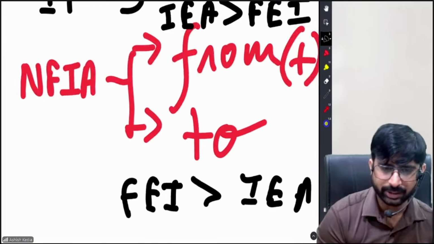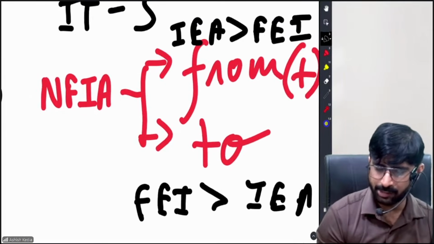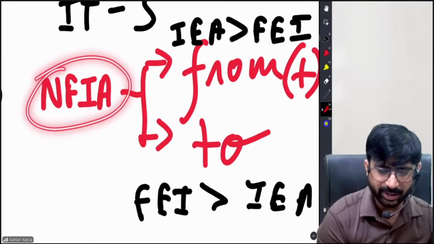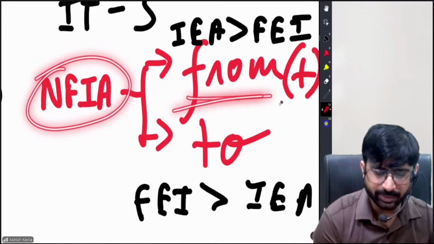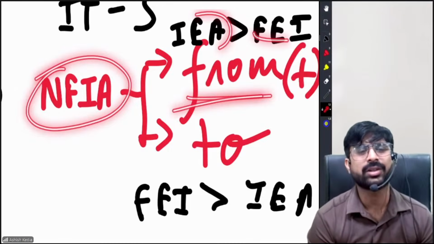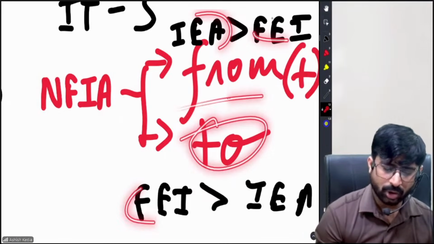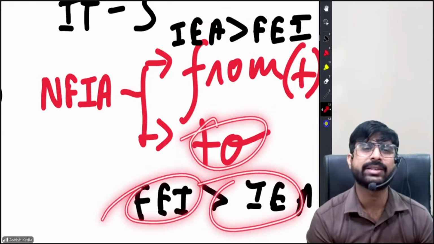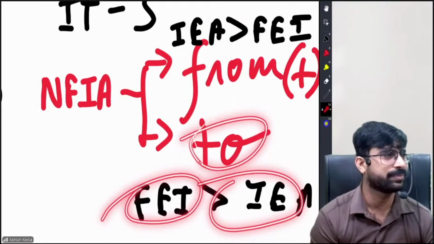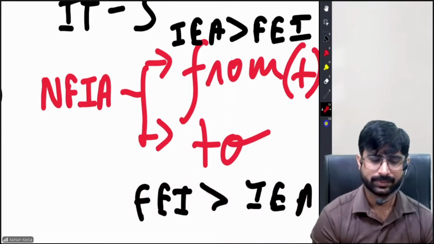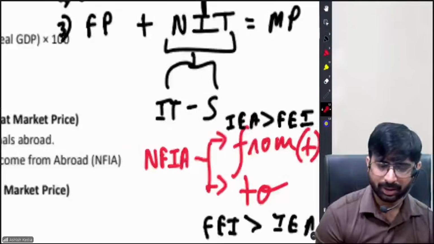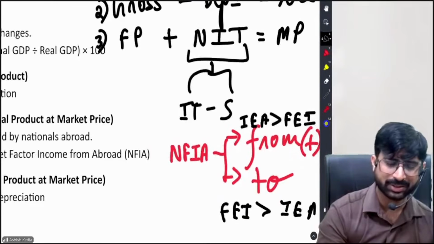All of us have understood this, sir. So in NFIA, if it is from, it means Indians earning abroad is greater than foreigners earning in India. And if it's to, foreigners earning in India is greater than Indians earning abroad. Game over. So, sir, NFIA is also clear to all of us.